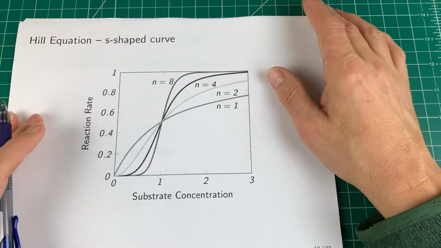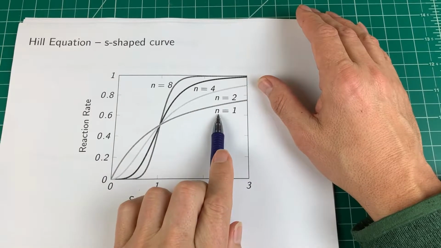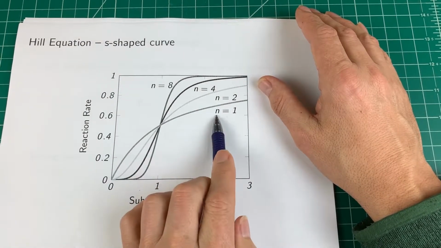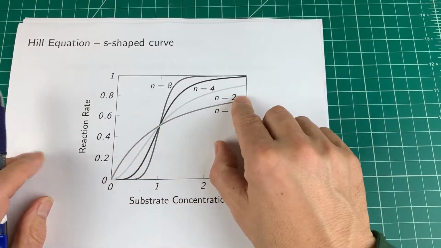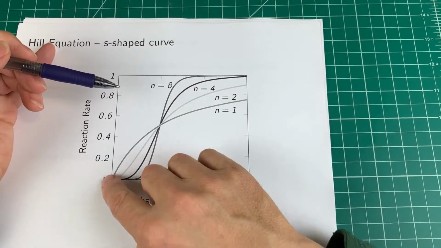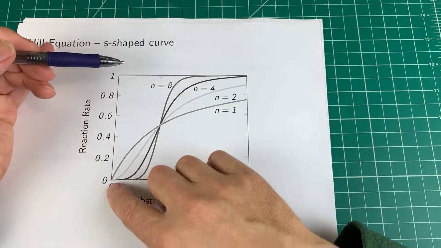So here I plotted some curves for different values of n. It's just the reaction rate versus the substrate concentration S. n equals 1, this is the normal hyperbolic or Michaelis Menten curve. The minute I increase n to 2, though, I'm starting to get a sigmoid curve or an S-shaped curve. In fact, at n equals 8, it becomes quite sharp.